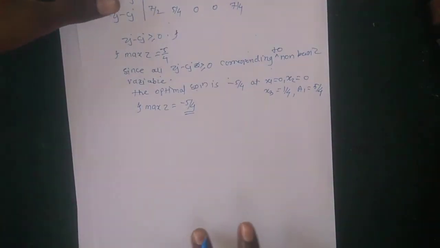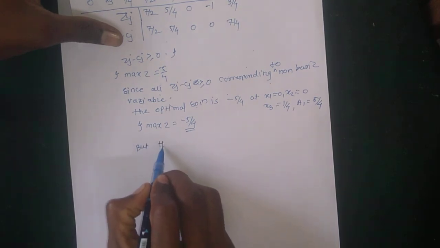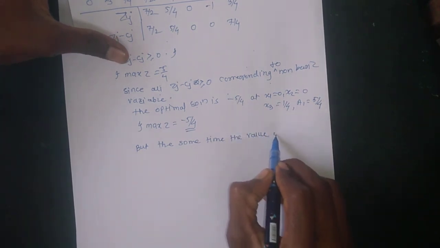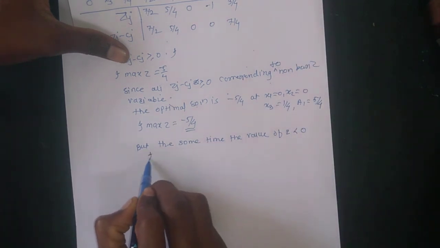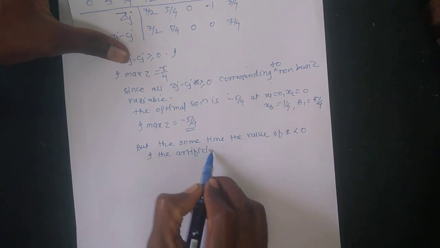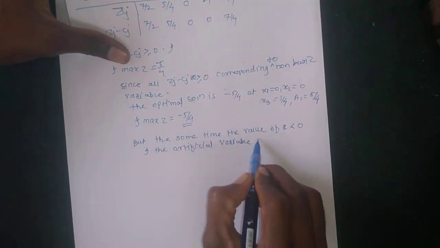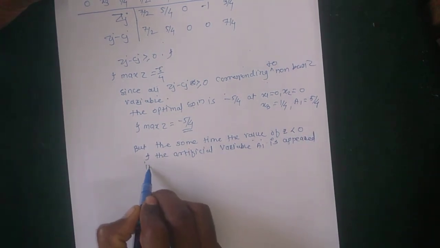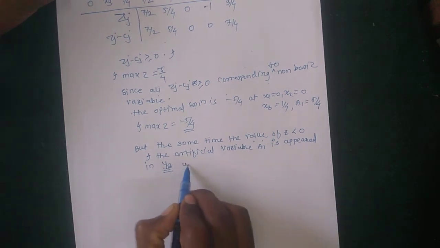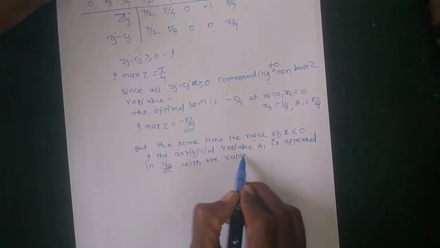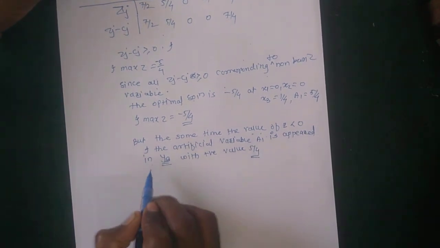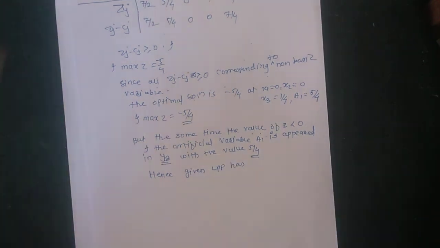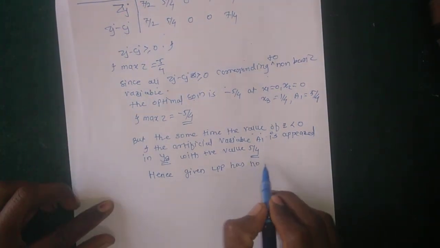But sometimes the value of Z is less than 0, and this condition is very important: the artificial variable A1 appears in YB with positive value 5 by 4, and hence the given LPP has no feasible solution.